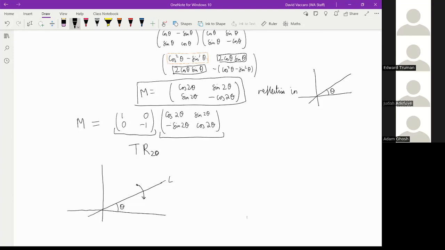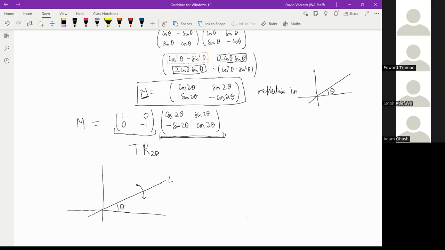But what is the case? No. So this matrix M is a rotation by 2 theta followed by a reflection. Actually, no, I think it's the other way around. Let me think.